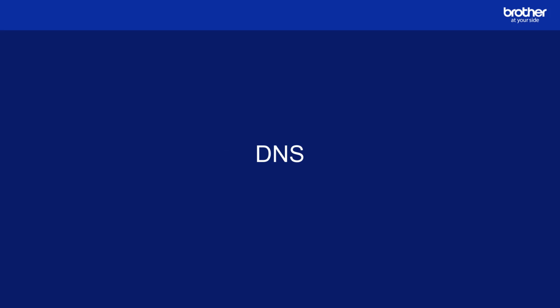DNS. If the problem isn't date and time related, it could be DNS. However, before changing any DNS settings, it is recommended to try using the IP address of your SFTP server to rule this out.